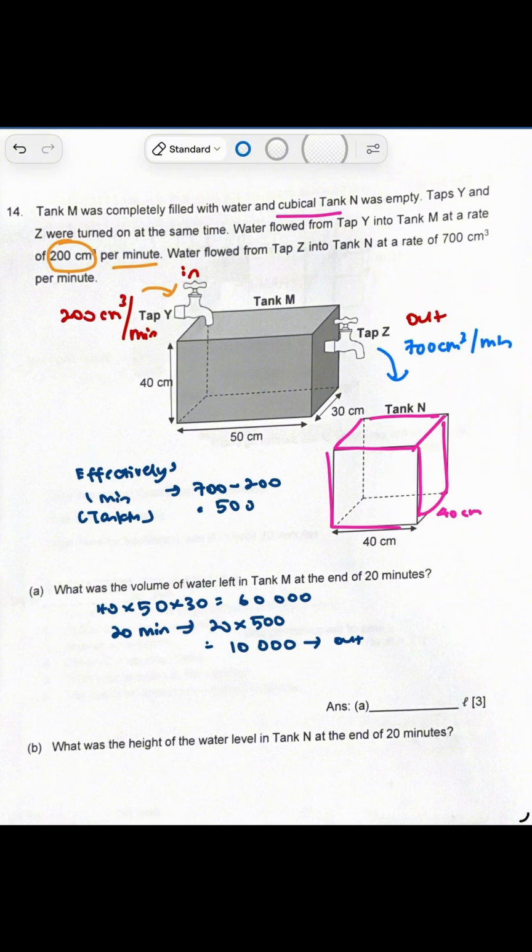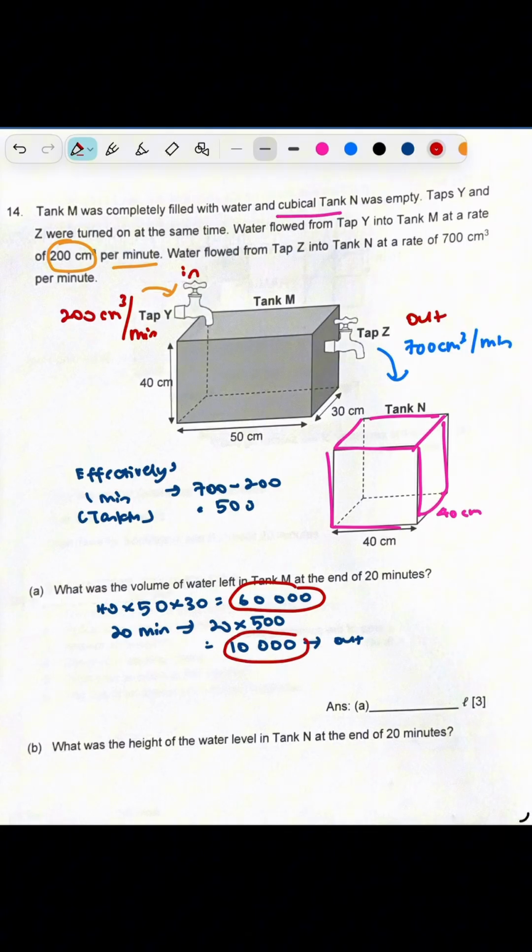Okay, so what happens after 20 minutes? At first you have this, then after 20 minutes, 10,000 cubic centimeter of water will leave. So what do I do?